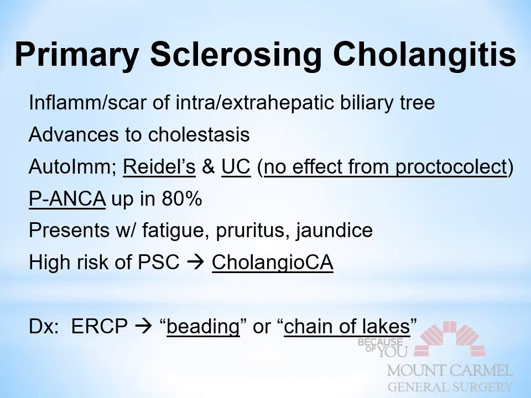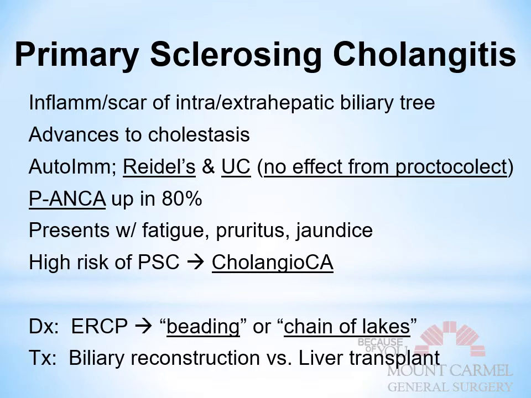Diagnosis is with the ERCP, and you'll see a phenomenon called beading or the chain of lakes. I've got a couple of illustrations coming. And then you can do biliary reconstruction, or just say forget it, we're getting a liver transplant. The question is, will it reoccur in a liver transplant patient? The evidence suggests it will indeed reoccur there, even though it's now a different liver in a different patient.